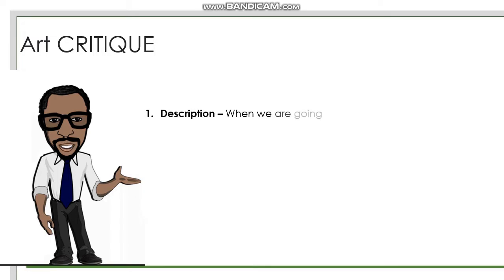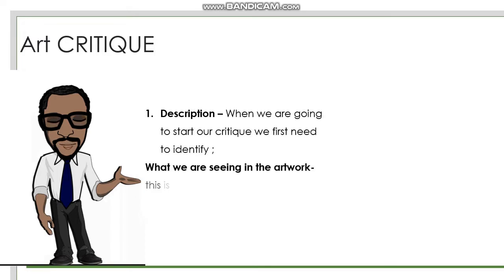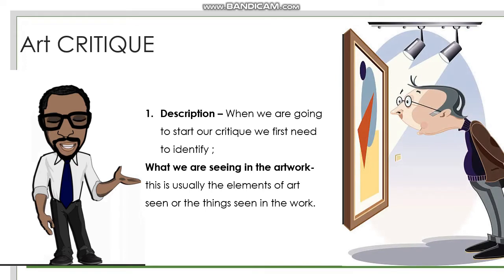Number 1, description. When you are going to start our critique, we first need to identify what we are seeing in the artwork. This is usually the elements of art seen or the things seen in the work.